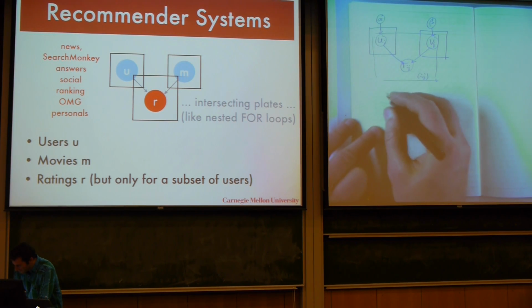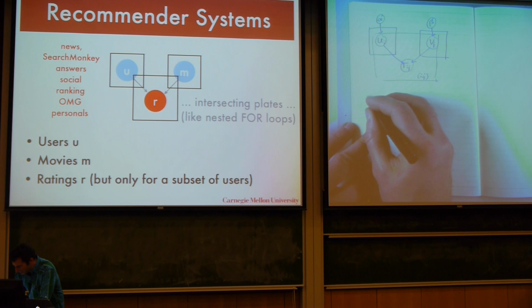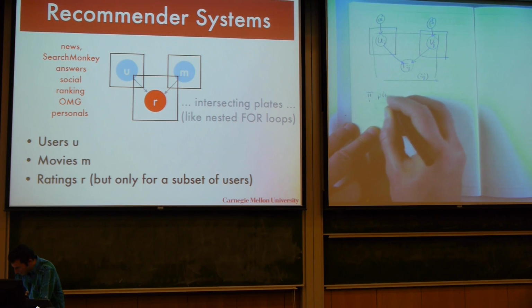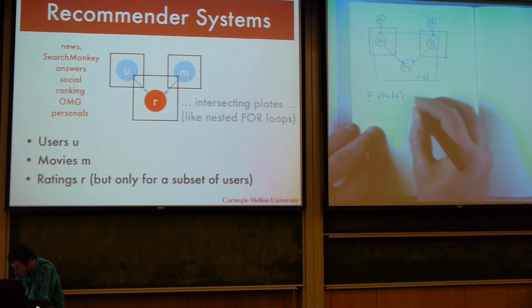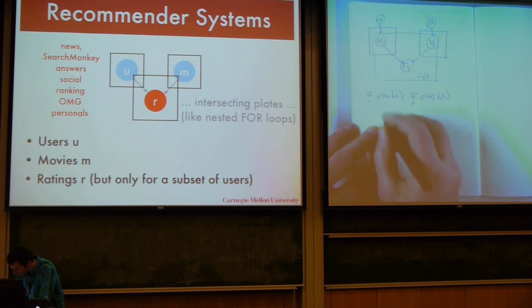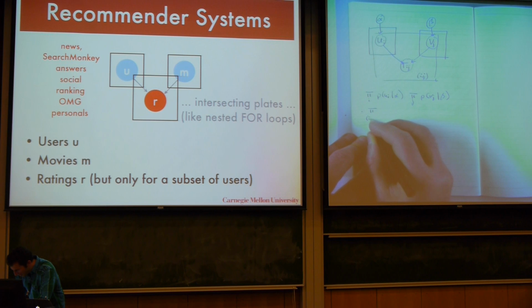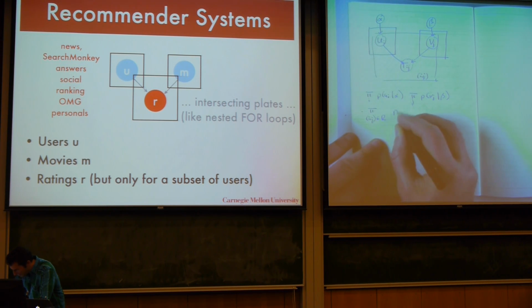So the statistical model that arises from it would be, of course, product over i of P(u_i given alpha), product over j of P(v_j given beta), times product over (i, j) pairs in some set of ratings of P(r_ij given u_i and v_j).